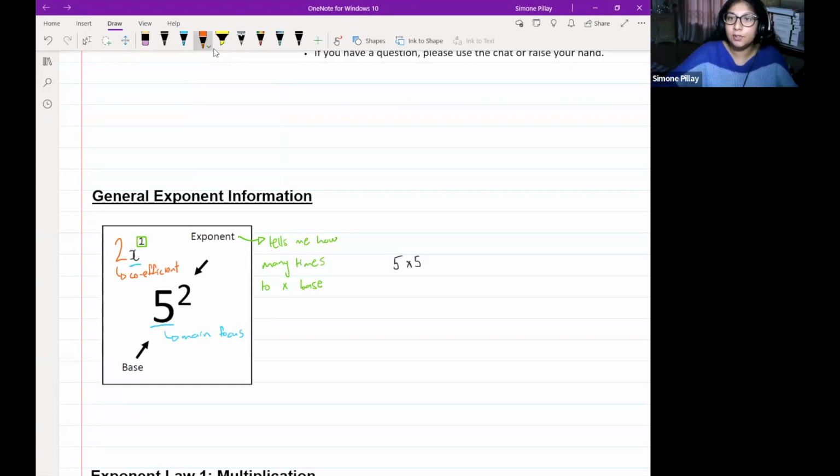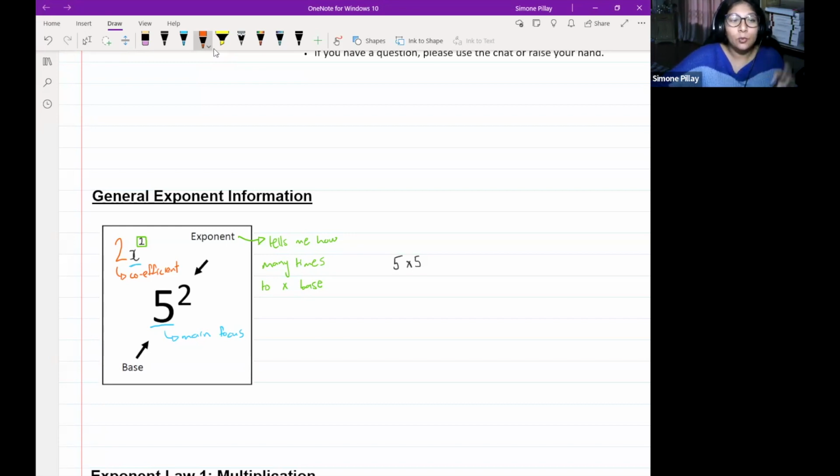And what are variables? Variables is when we have those letters instead of numbers. When we have numbers, we usually won't have what we call a coefficient because we know how to multiply the numbers with each other. So when we're dealing with variables, we'll have a coefficient. It's the number that's in front of our variable or in front of our base.